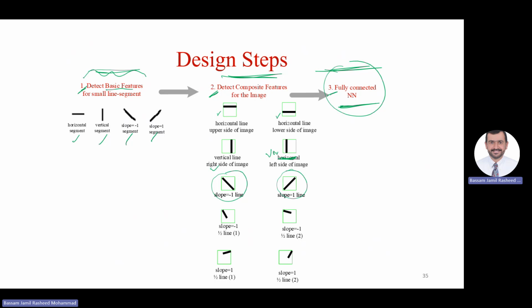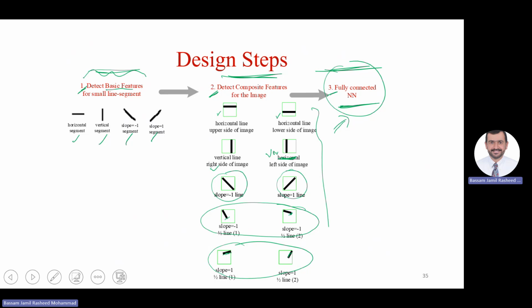Those are negative slope lines, but not all the way completed: one is a short line and the other one has a sharp angle. Similarly, those positive slope lines: one short, one with a sharp angle, and one with 45 degrees. Those are my composite features. Then I will send these features to the fully connected neural network.